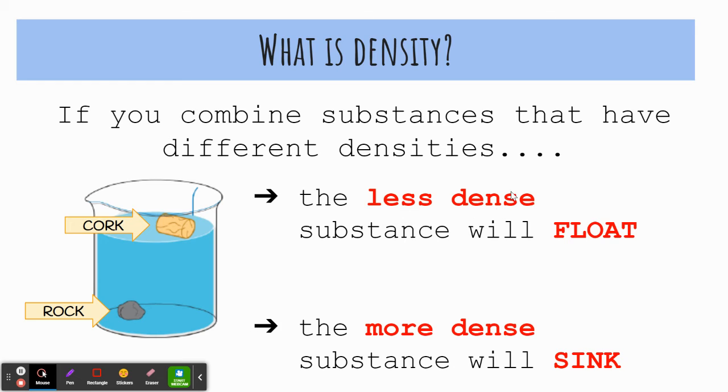So something that's less dense is going to be lighter, and something that is more dense is going to be heavier. So if we look at our example over here, we've got a cork and a rock with water. So the cork is floating and the rock is sinking.